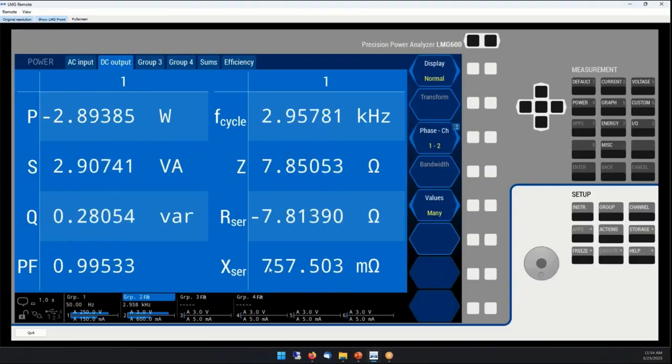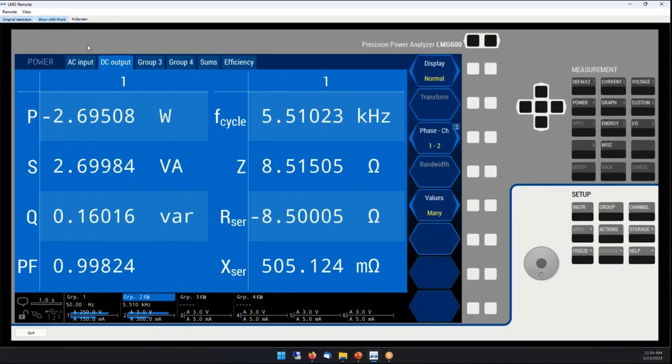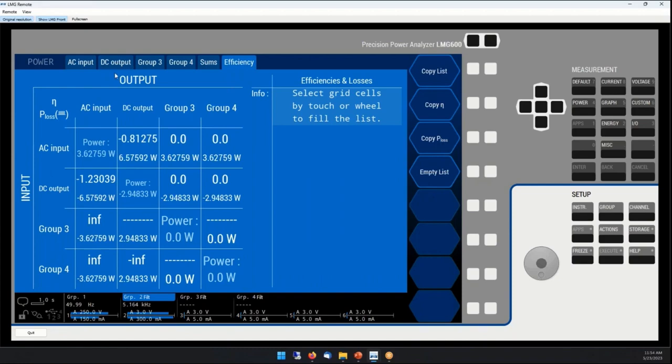So going to the power menu, again, similar structure. We can either display them as harmonics or as simple values, but the most interesting thing in this menu is the efficiency tab. And here I see, if I take the DC output, compare it to my AC input, this is directly the efficiency of my charger, which is 81% at the moment, and we have around 6 watts of losses.